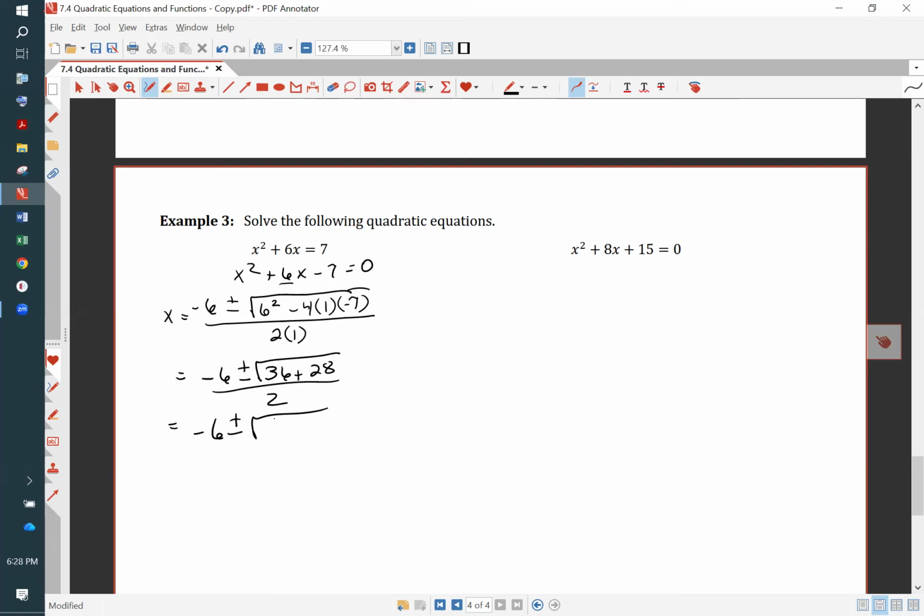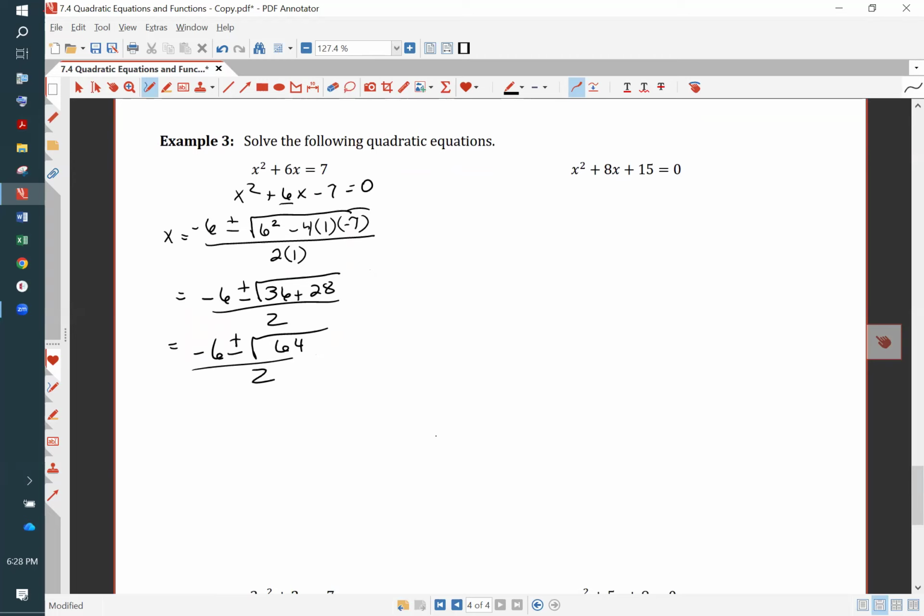What is 36 plus 28? 64. Okay, so we've got a perfect square under the root there. That is 2 answers.